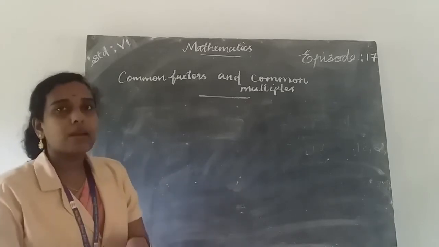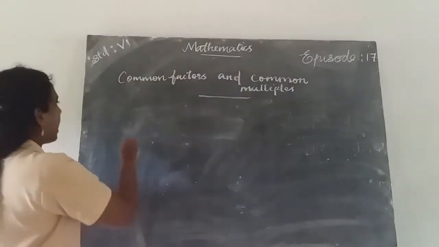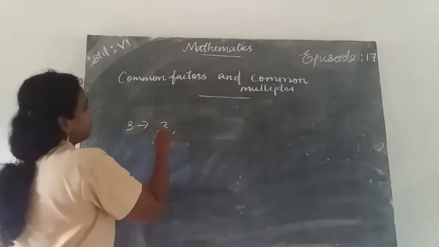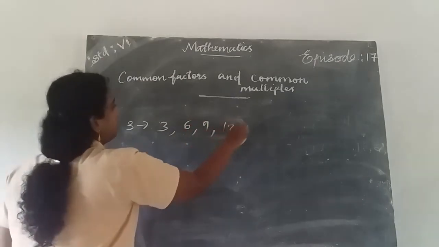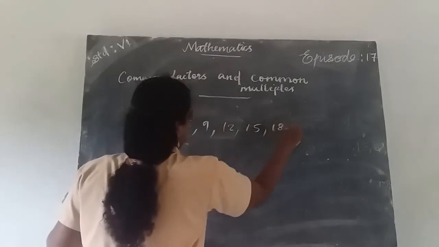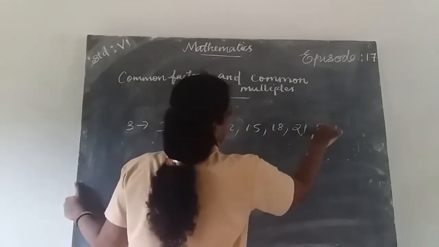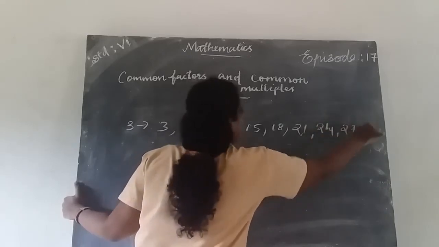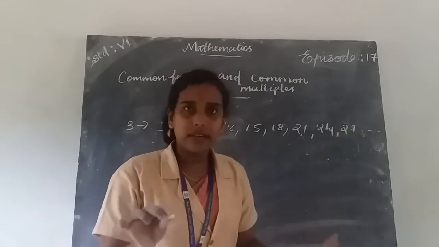So, you can write the multiples of 3 less than 100. Multiples of 3 like 1 3 is 3, 2 3s are 6, 3 3s are 9, 4 3s are 12, 5 3s are 15, 18, 21, etc. Like this, you can write the multiples less than 100.